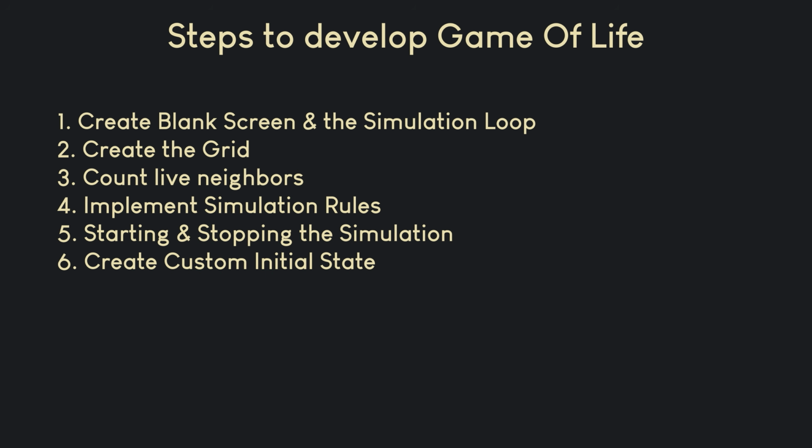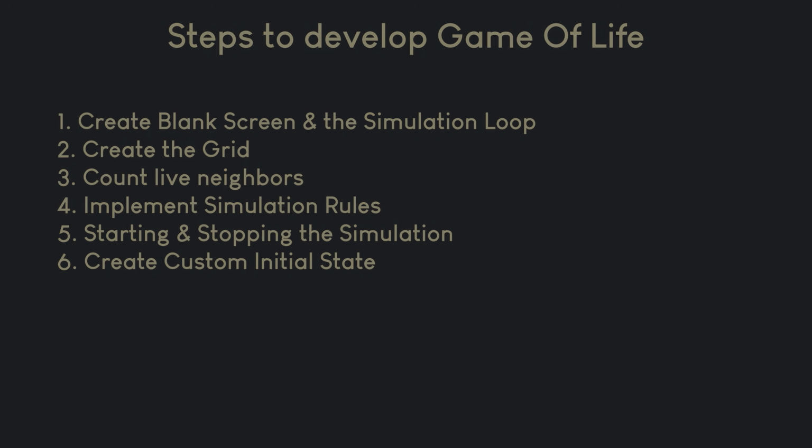In this tutorial, we will break the development process down into 6 steps, tackling each one individually and building upon what we have accomplished in previous steps. With this approach, you will be well on your way to creating your own version of the Game of Life in no time. So, grab a cup of coffee and let's get started and see how we can conquer this challenging project one step at a time.